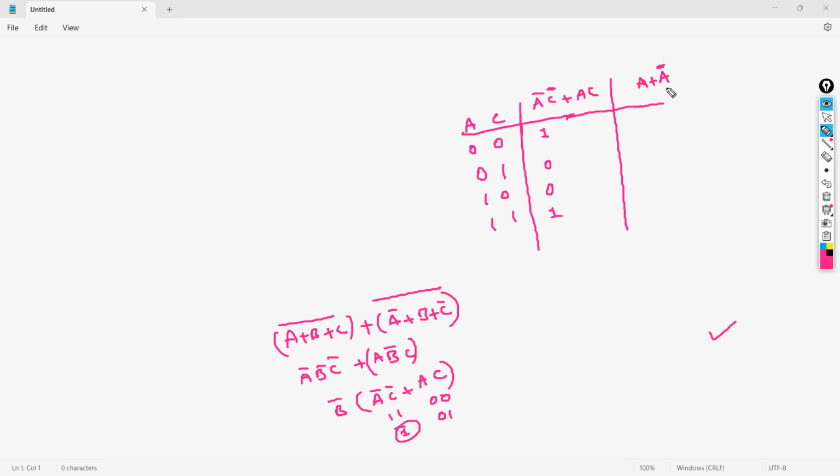This is going to be always 1. Yes, but I don't see this. A plus A bar, how is that? I'm just trying to understand. I may not remember everything, but I want you guys to confirm how you came up with that B bar. What is that formula? Many people have said that, but can you prove that to me?